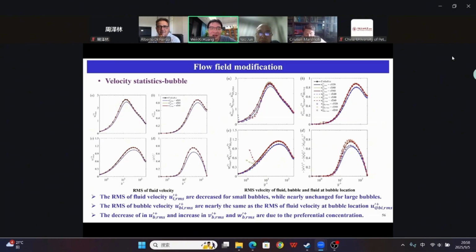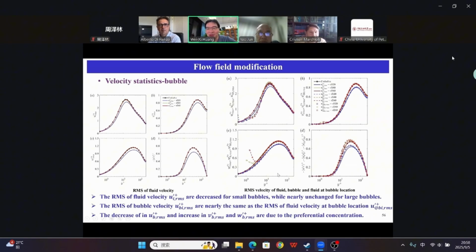Although the volume fractions are the same, the buoyancy effect of the small bubbles is smaller than in the other cases. So in this sense, for most cases we can simply consider that the bubble effect on the flow field is to add a constant pressure gradient.